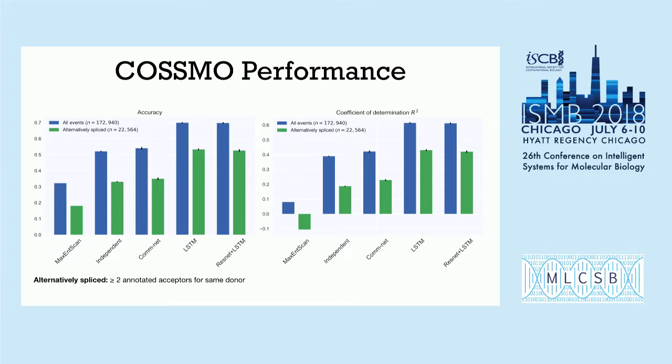We use MaxEntScan again here as our baseline by predicting the score for all splice sites and normalizing it with a softmax. MaxEntScan achieves about 35% accuracy and 8% R-squared. Our best model, which is the LSTM model, achieves 70% accuracy and about 60% R-squared.